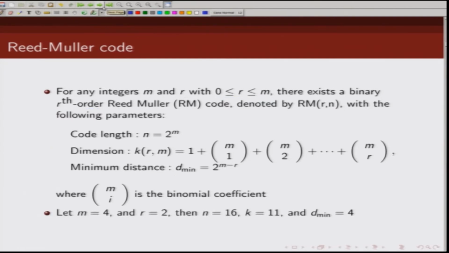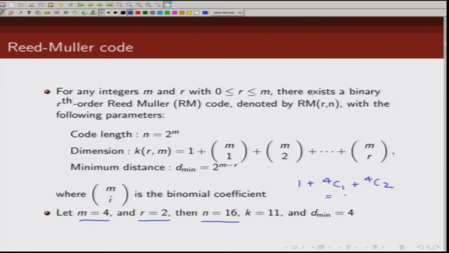So, let us take an example. Let us take m to be 4 and r to be 2. In this case the length of the code word will be 2 raised to power 4, which is 16, and since the order of this Reed-Muller code is 2, k will be 1 plus 4C1 plus 4C2.